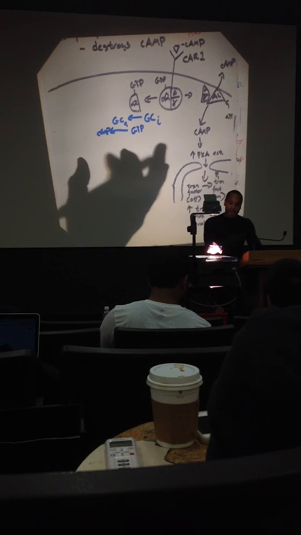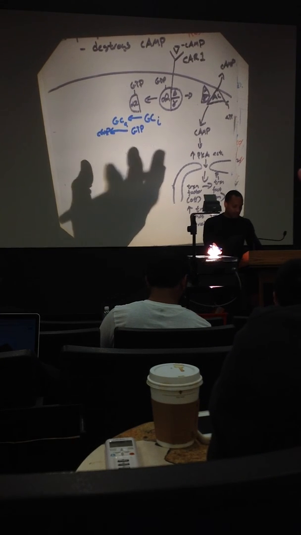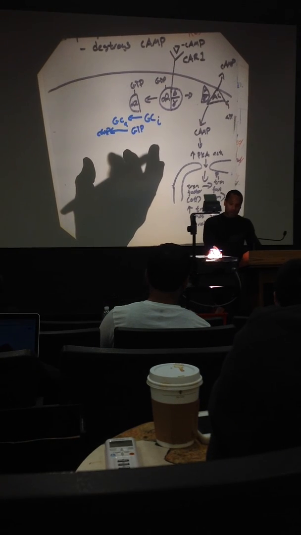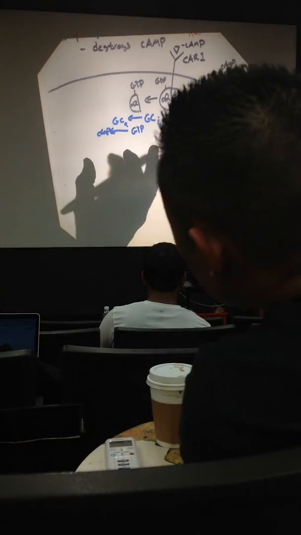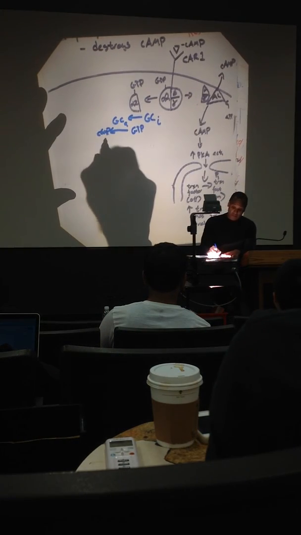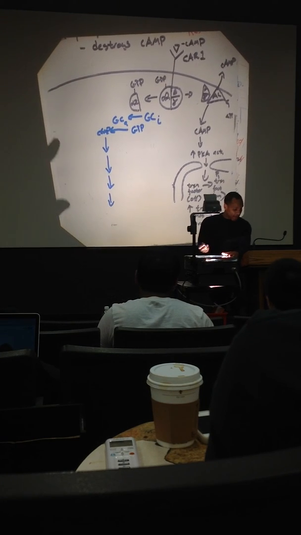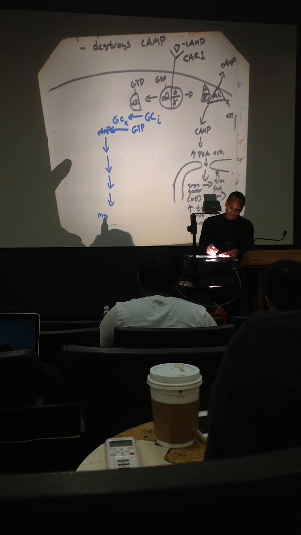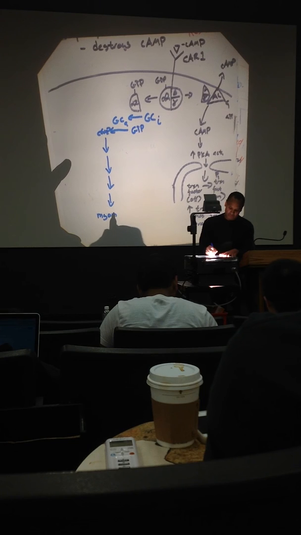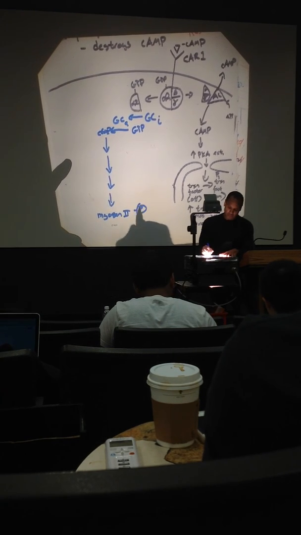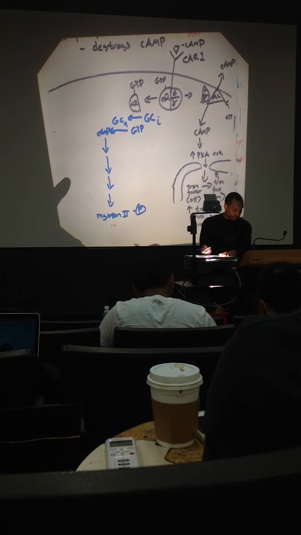So it takes GTP and converts it into cyclic GMP. Now then, that has two jobs. Actually, well, has one job. That main job is to activate the phosphorylation of myosin 2. And myosin 2 phosphorylation happens in the rear of the cell.